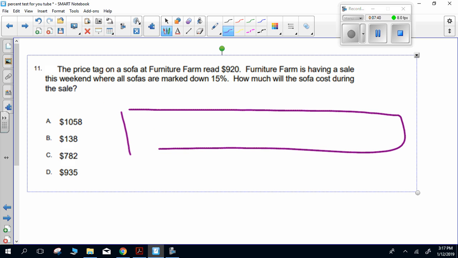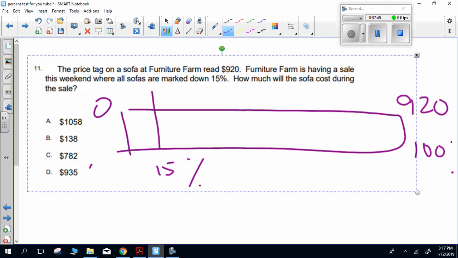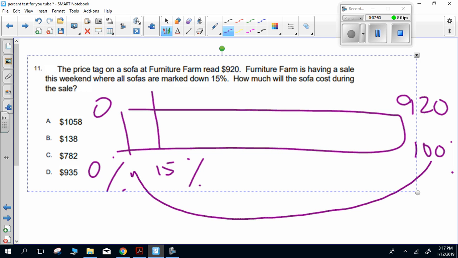Price tag on Furniture Farm reads $920. But they're having a sale, and the sofas are 15% off. I can't get from 100 down to 15, but I can go down to 5. So 100 divided by 5 is 20.